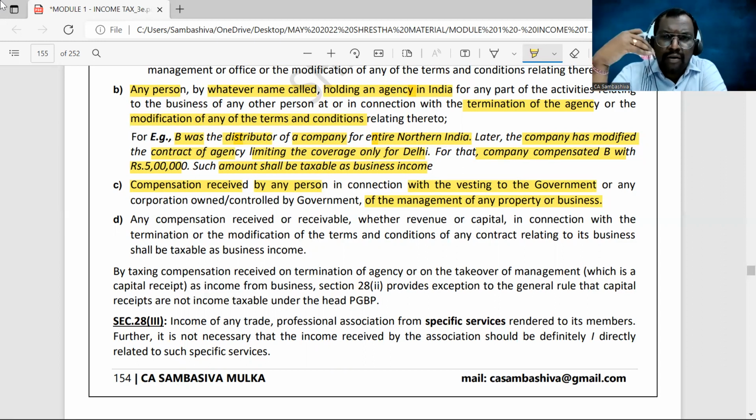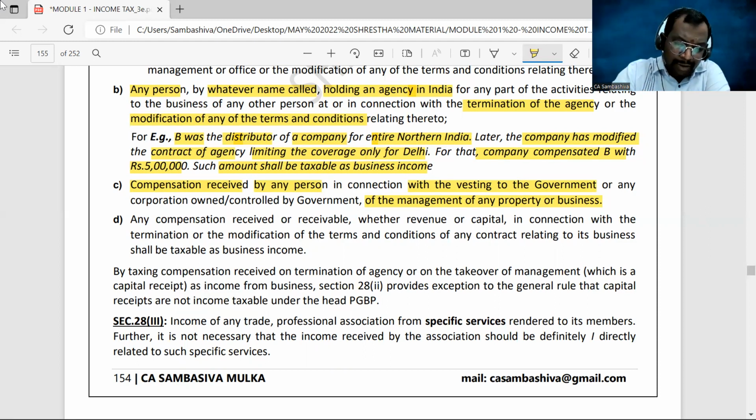So whenever you are vesting and giving your business undertaking to the government, right? Now, whatever compensation you're receiving in relation to transferring of that business to government, that compensation is always taxable under the head PGBP.